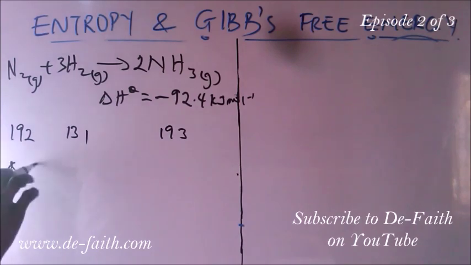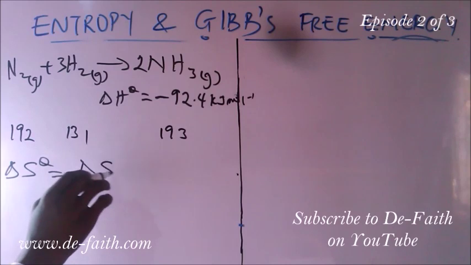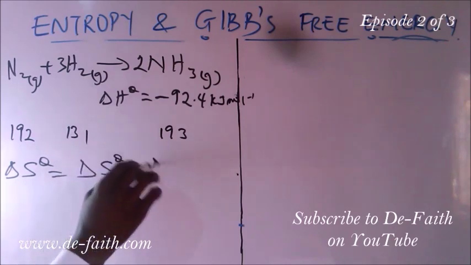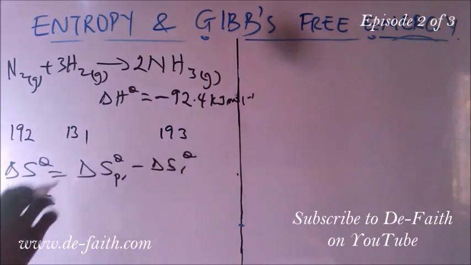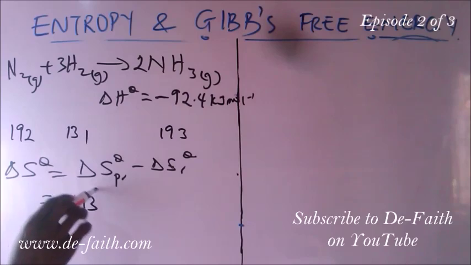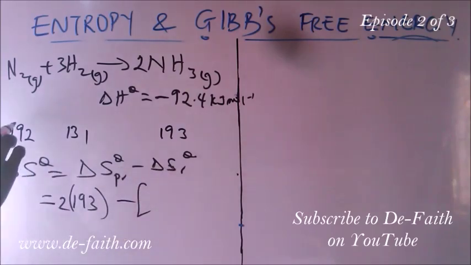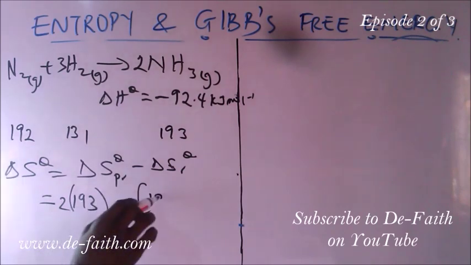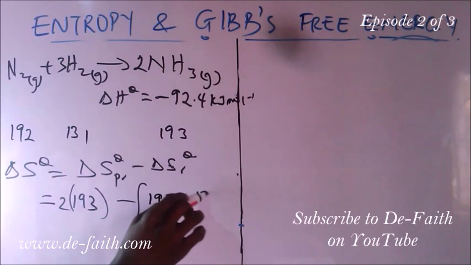So we have that the standard entropy is equal to the standard entropy of the products minus the standard entropy of the reactants. For the product, we have 193. We have 2 moles of it, so we multiply by 2. Minus, for the reactants, we have 1 mole of nitrogen, which is 192, plus the other reactant, hydrogen, which is 131.